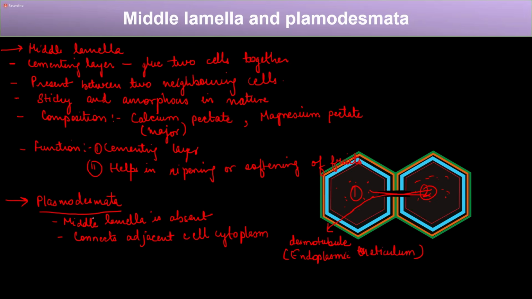So the plasmodesmata is the region where the middle lamella is absent and it helps in connecting the adjacent cell cytoplasm, right? Okay, so this is what we saw about the middle lamella and plasmodesmata.